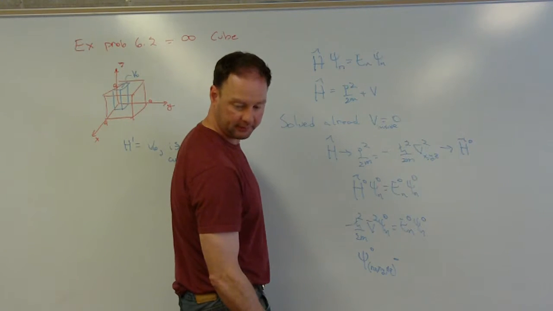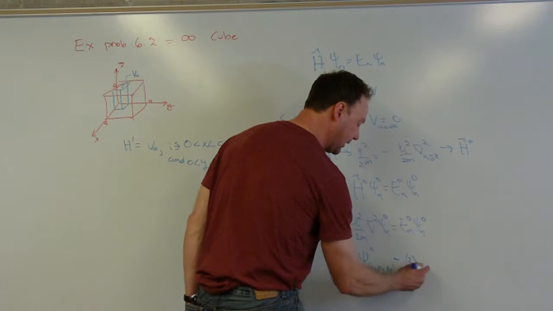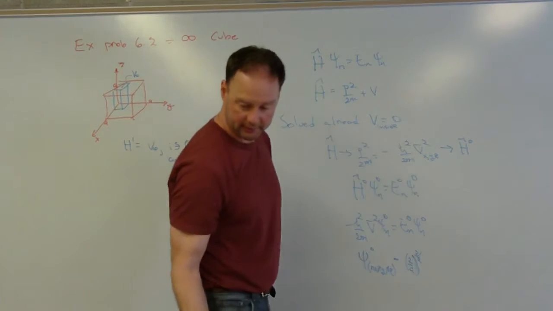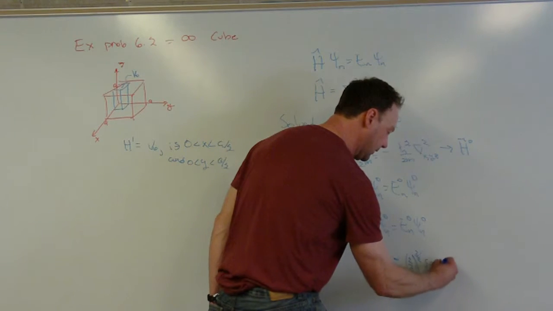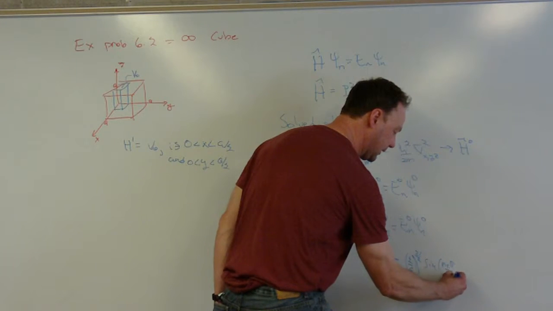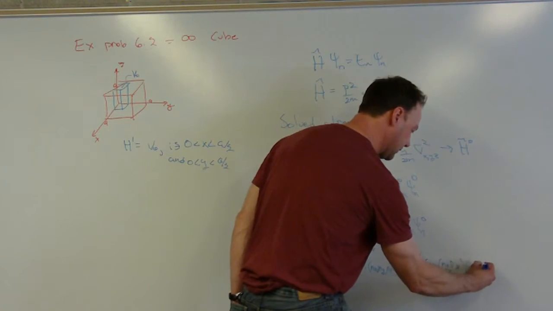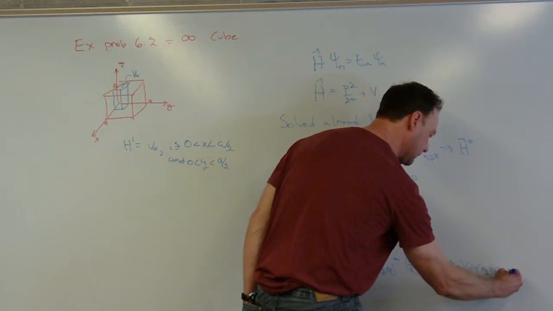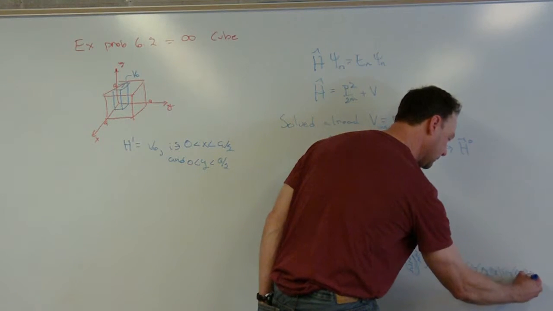All right, and it looks very familiar. I'll just write it once. 2 over a to the 3 halves, and then it's going to be sine nx pi x over a, and sine ny pi y over a, and then sine nz pi z over a.